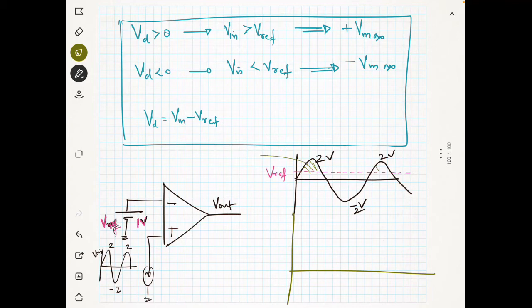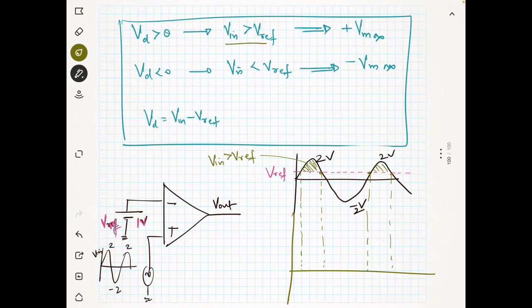So this portion is showing V in is greater than V reference. I can draw from the intersecting points, and between these two regions, the input is greater than V reference.